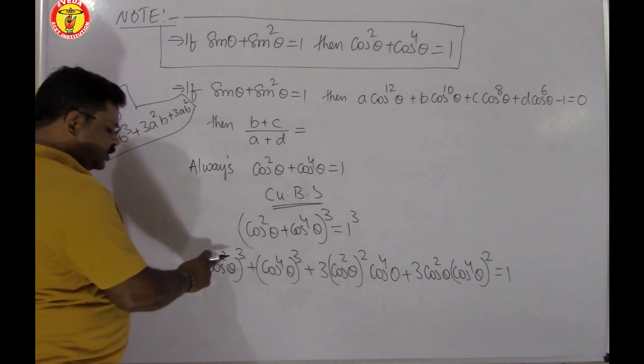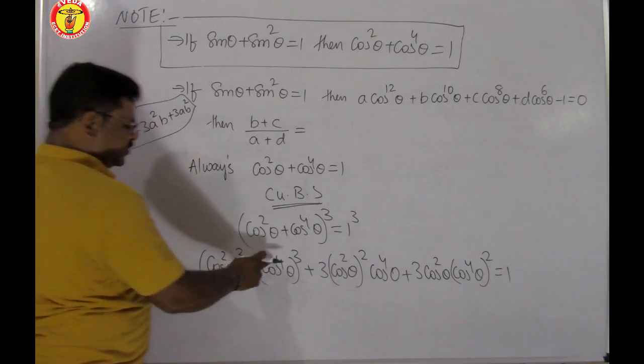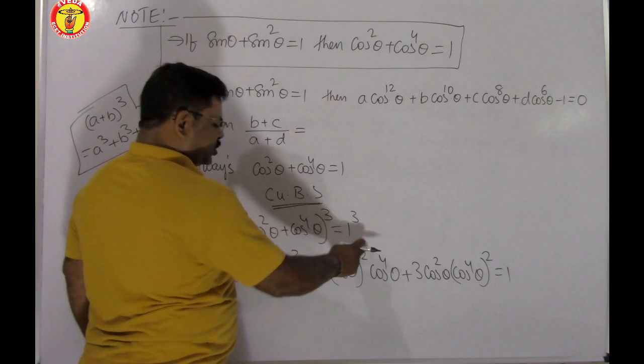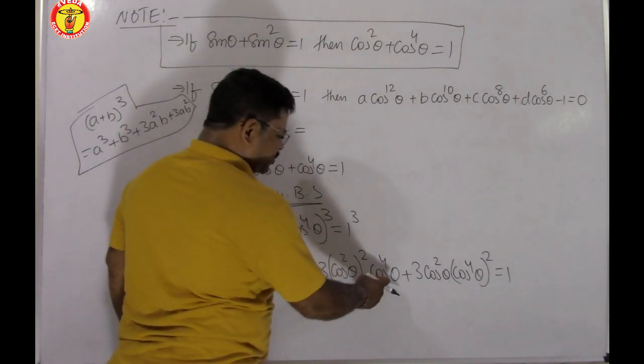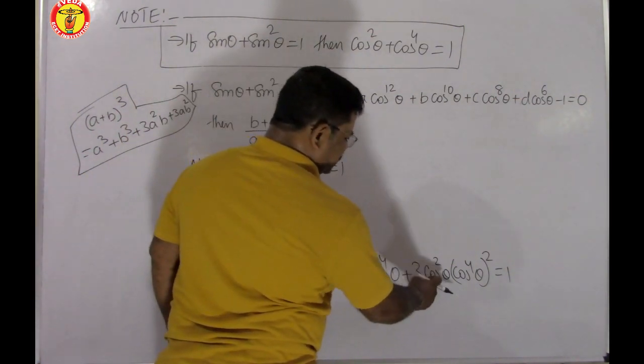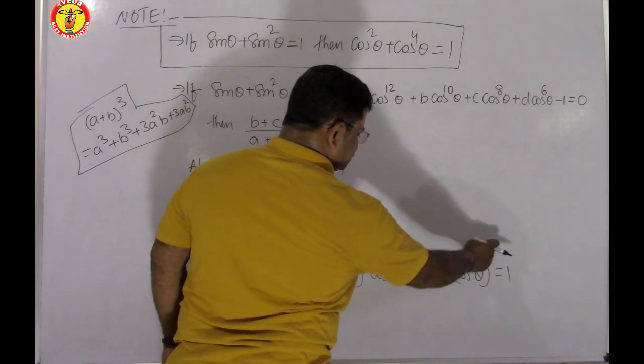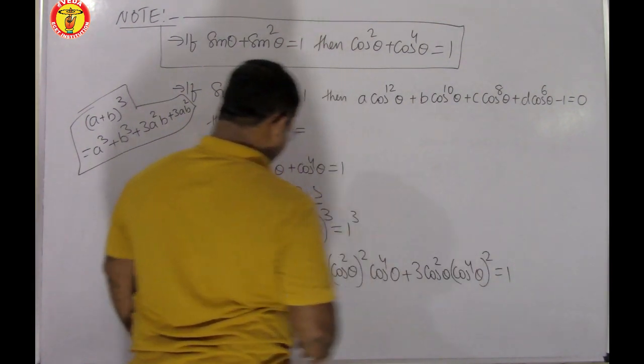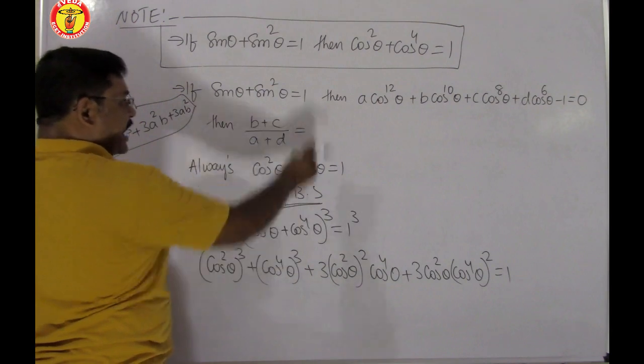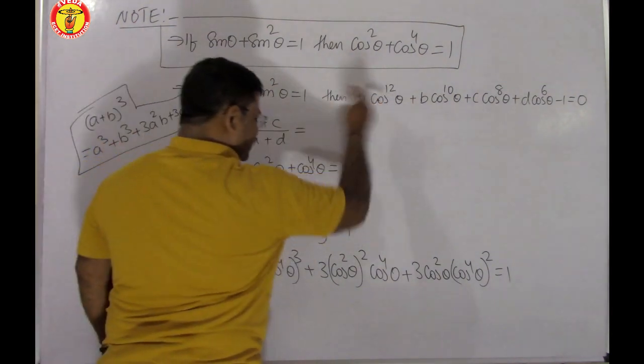Now 2 3s are 6, 4 3s are 12, 2 2s are 4, 4 plus 4 is 8. 3 into cos² theta, 4 2s are 8, 8 plus 2 is 10. Now we rewrite according to our question order.